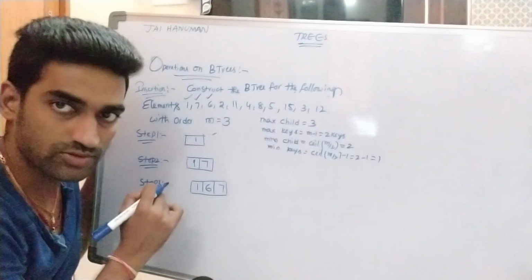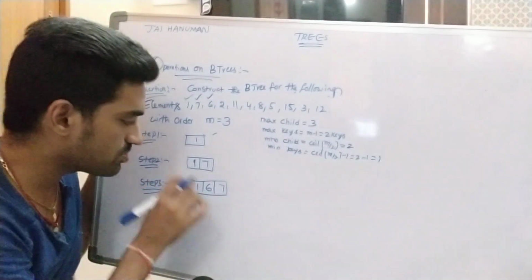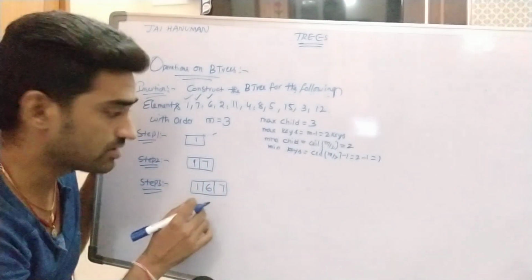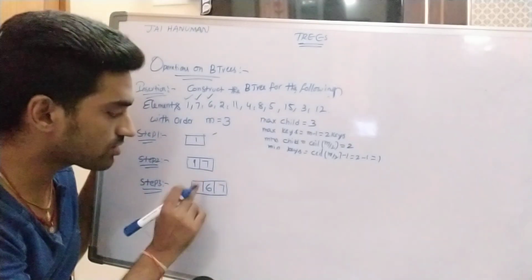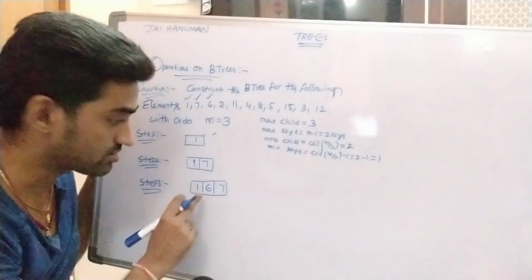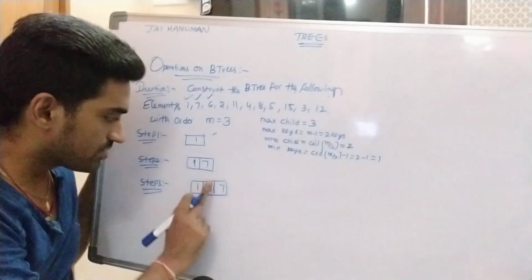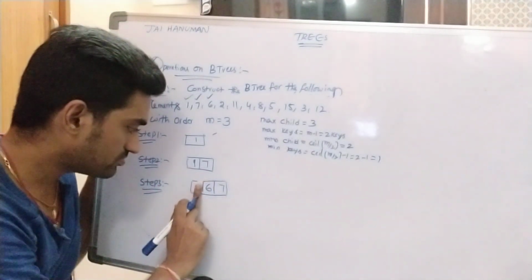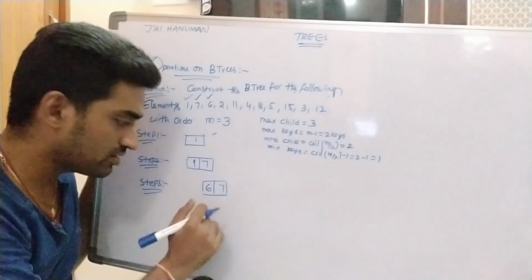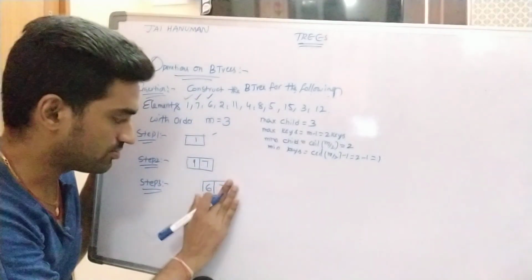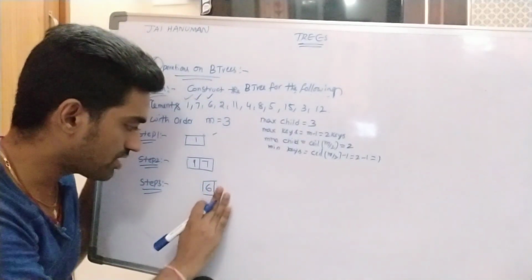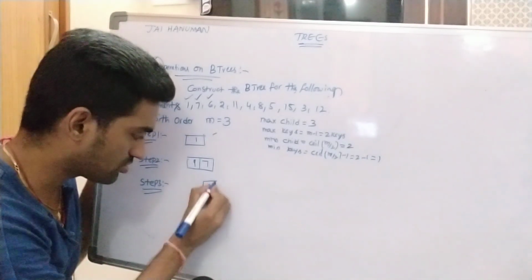Now check whether the tree is a third order B tree or not. In a third order B tree, each node contains only two key values, but this node contains 3 key values. So 6 moves to the previous level. Now 6 becomes the root node.